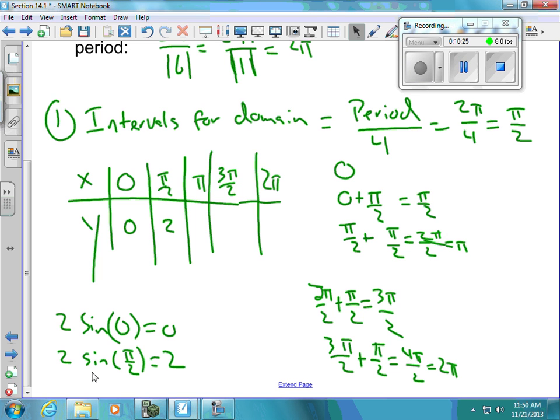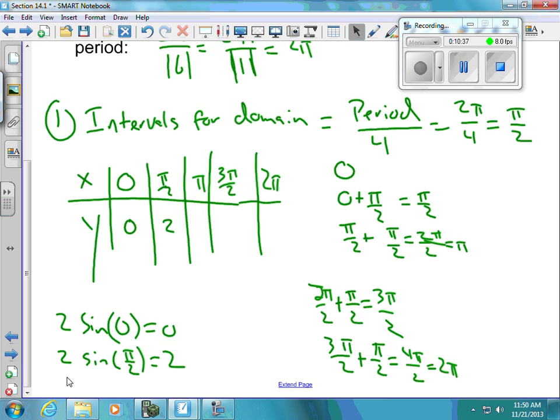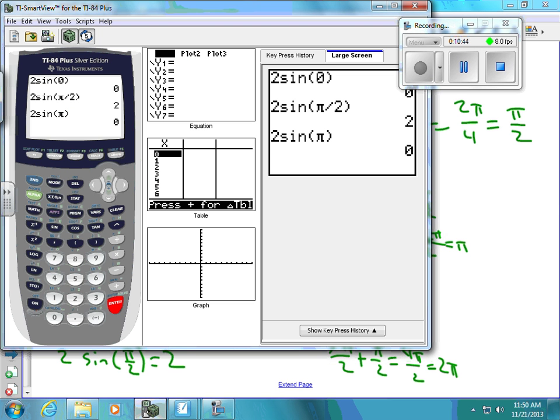So we're going to do 2 times the sine of pi. I can just use this to make it go a little faster. We get 0. Make predictions on what the 3 pi over 2 is going to be. I'm going to go up here and steal this one because it's already pi over 2.